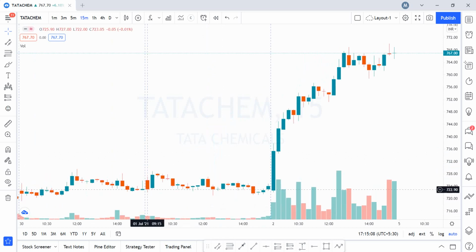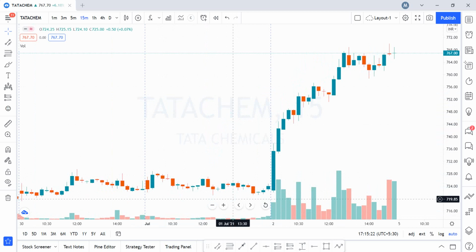Also, if you check the previous day, it was an absolutely sideways day for Tata Chemicals, and this is perfectly good, because I would be a bit worried if this stock had been too bullish yesterday. Then we would need to be a little more careful while taking the trades. But this is a clear multiple-confirmation, or confluence-based, trade.